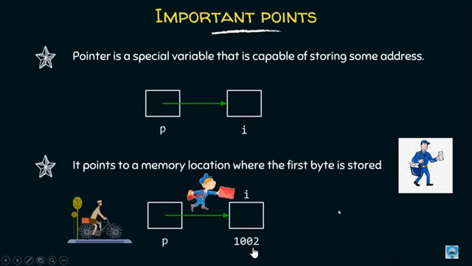So the postman will deliver the letter according to the pin code, landmark, then your name and all that. So we can say that a pointer works like a postman, where the specific letter is delivered.